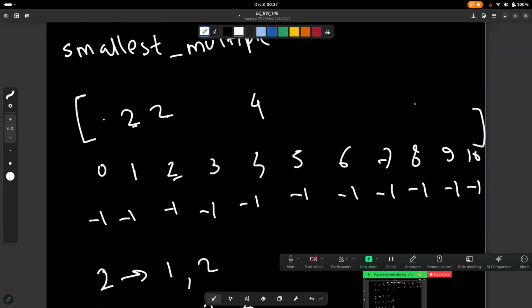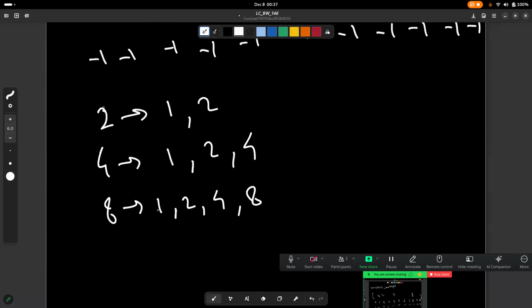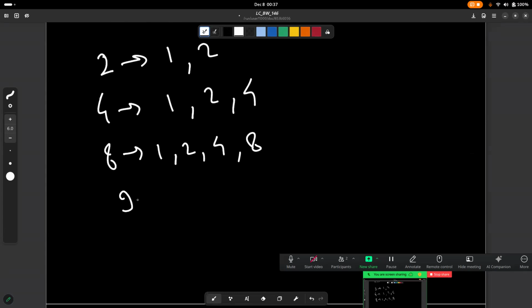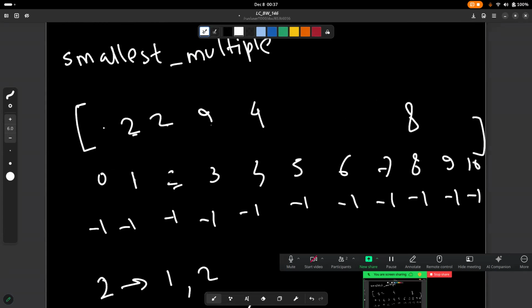Again, 1, 2, and 4 have been set, but 8 has not been set, and 2 and 4 are less than 8, so we won't update them. Then we have 3, but let's consider 9 here. 9 will have divisors 1, 3, and 9. 1 has already been set to 2, so we won't update it. 3 can be set to 9, and 9 can be set to 9.